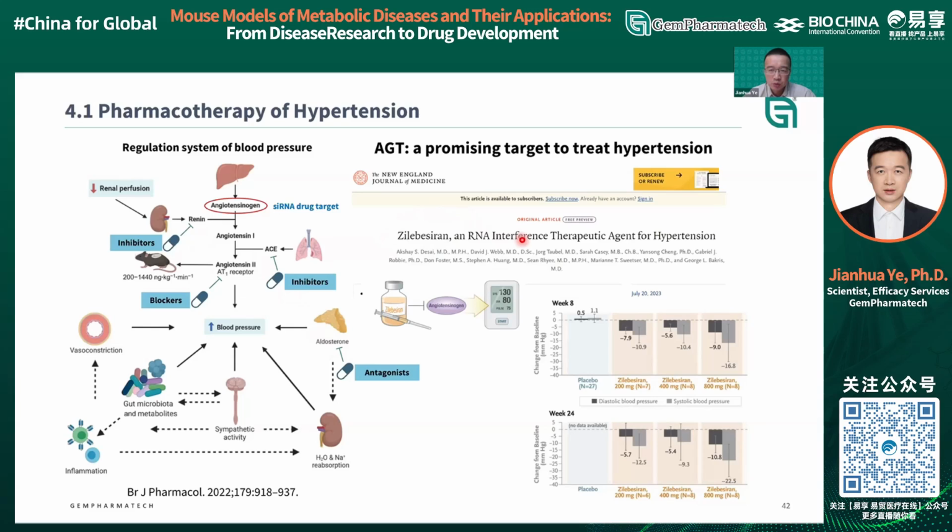It shows very good results in controlling blood pressure. And the target of the drug is AGT. So we believe AGT is a very promising target for treating hypertension. This is the background for why we made the humanized AGT mice.